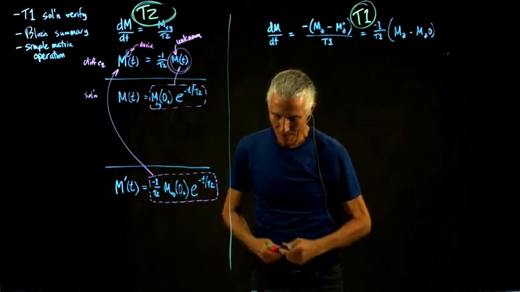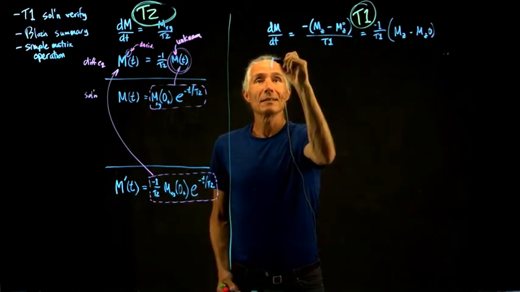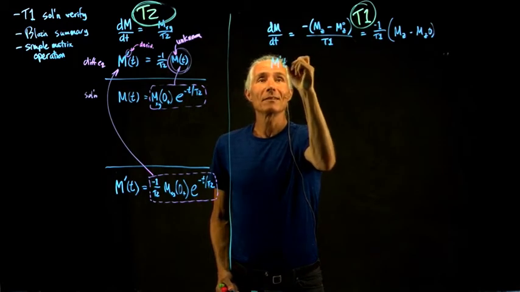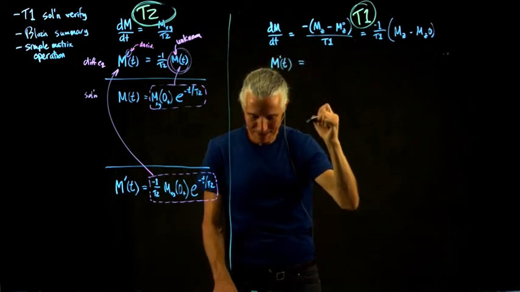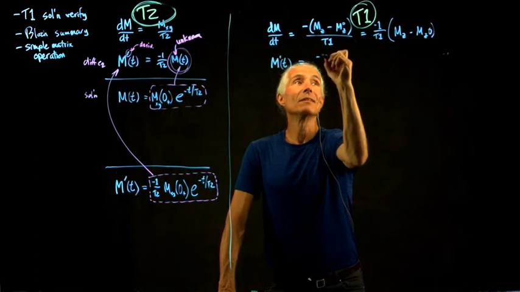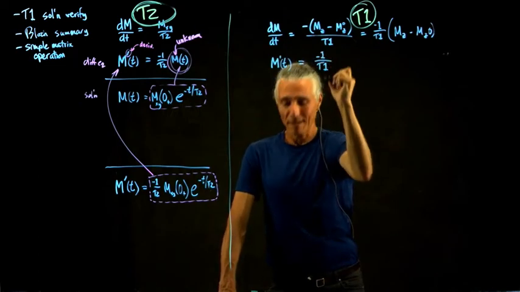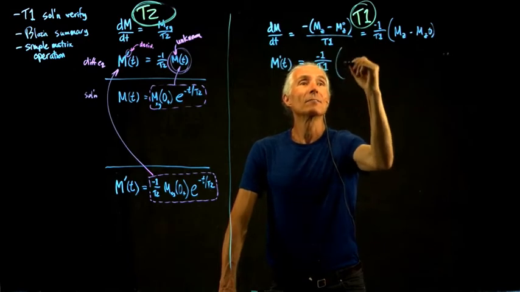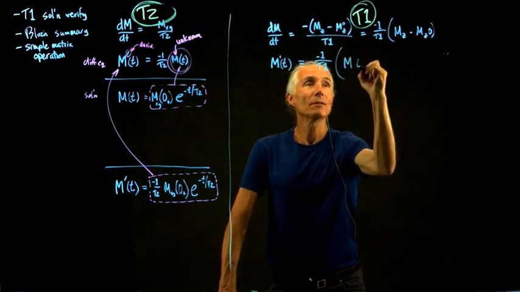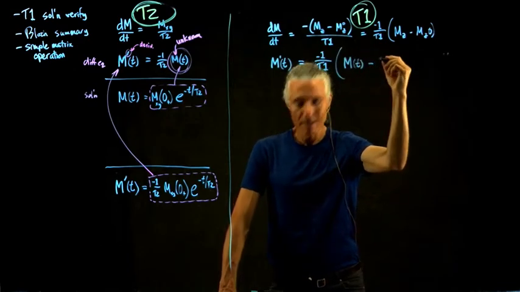Okay, so first thing we want to do is just write this out sort of more generically. That's what I meant. Sorry about that. So that would be minus 1 over T1, sorry guys, times our unknown. So here's our unknown, minus mz0.